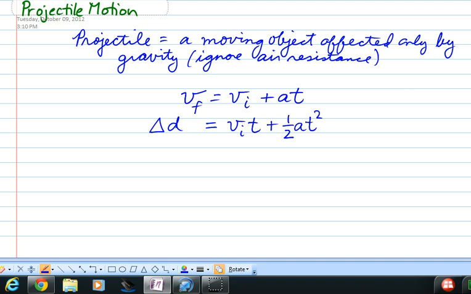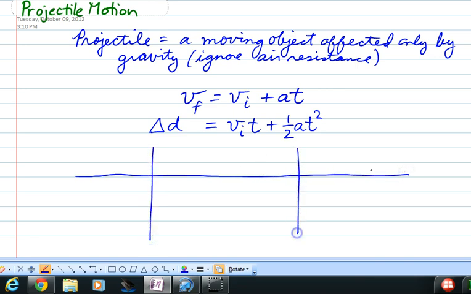And usually what I try to do with this is to make a table that kind of highlights what's going on. And so in this table we're going to be looking at a couple of things. We're going to be looking at the horizontal motion, and we're going to be looking at the vertical.